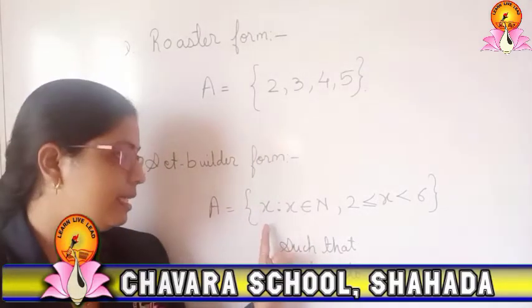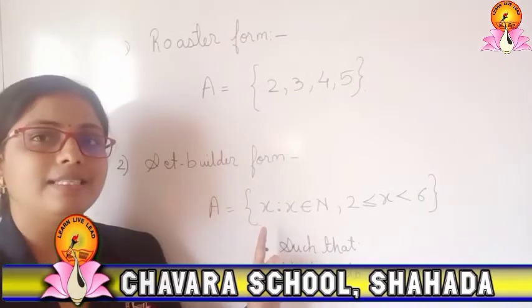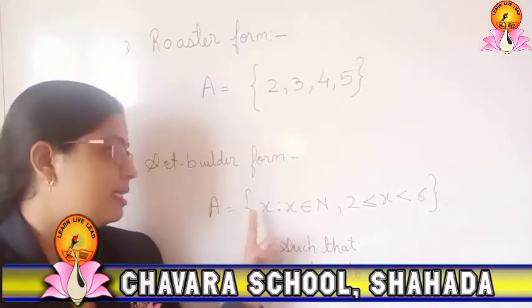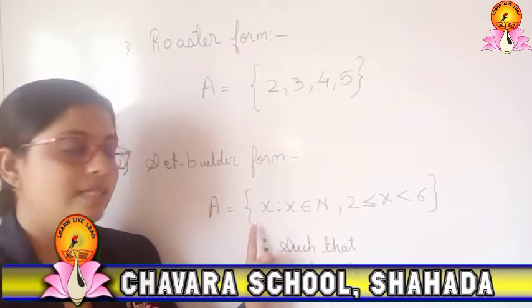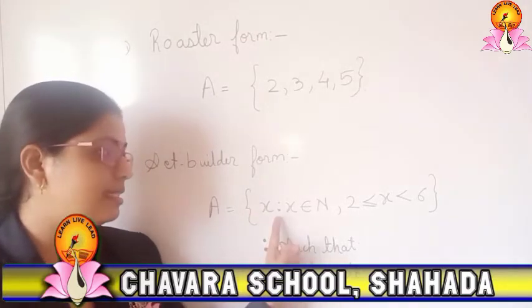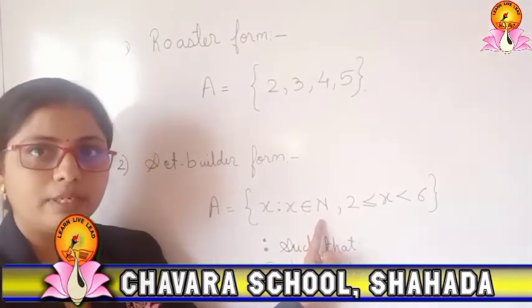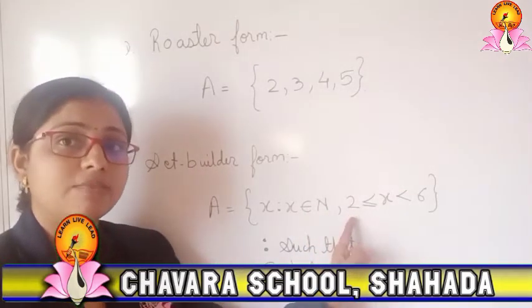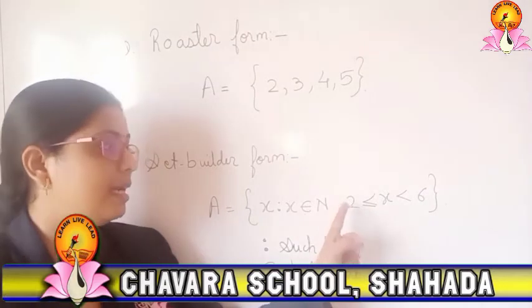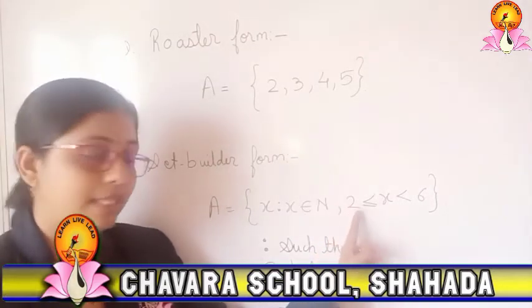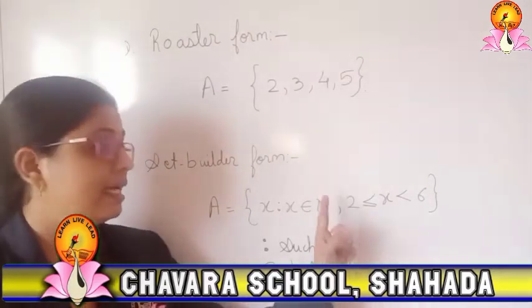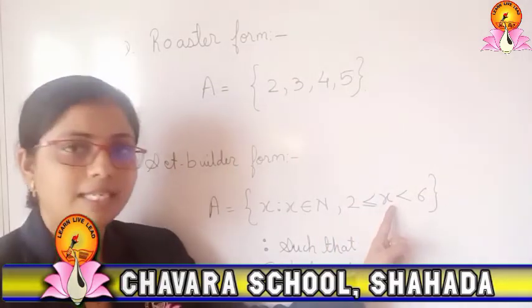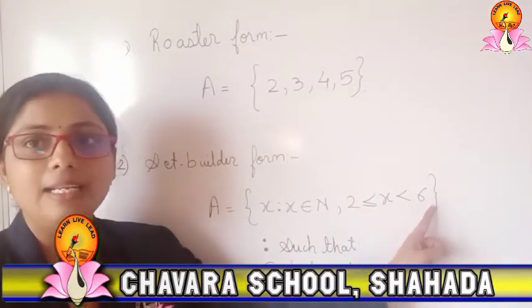So look here, you can read this set as: A is a set such that X is such that X belongs to natural numbers, where the set is formed by the condition greater than or equal to 2 and X less than 6.